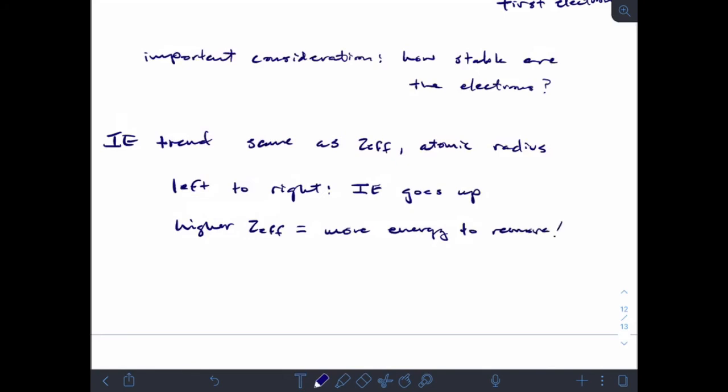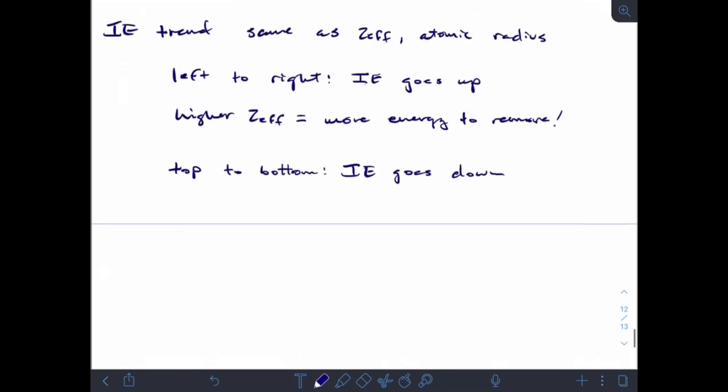And then top to bottom, ionization energy goes down. The reason that it goes down is that our radius is getting larger. Electrons are farther away, so easier to remove.